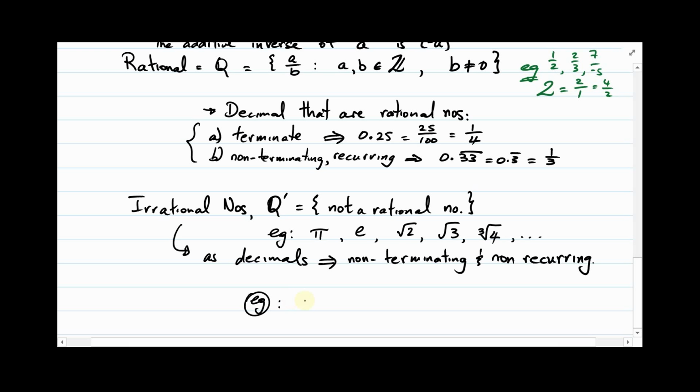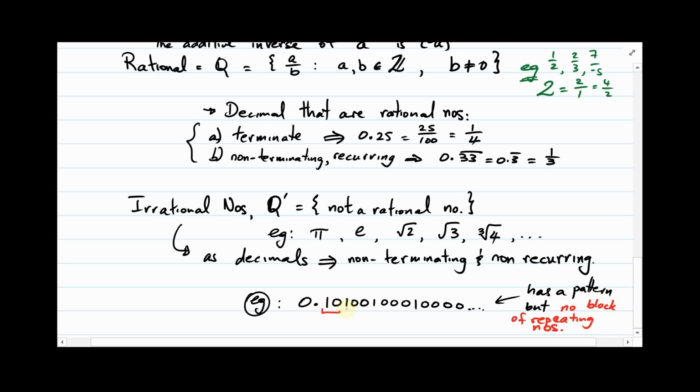you might find this a little strange, but suppose we have 0.10, 100, 1000, 1, 2, 3, 4, 5. Yeah, okay. So despite the fact that this has a pattern, there is no block of repeating digits or numbers.